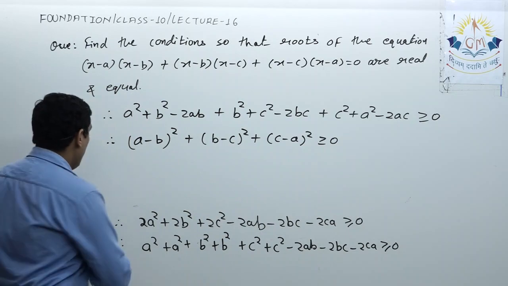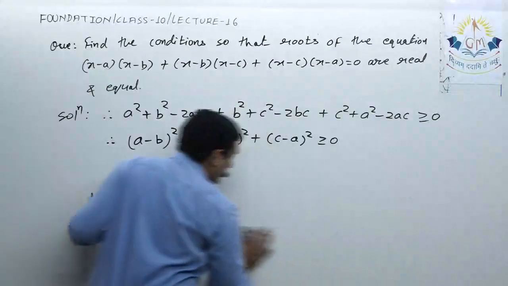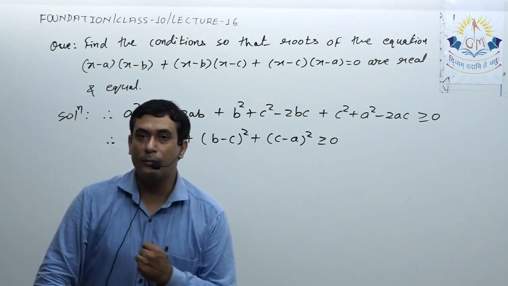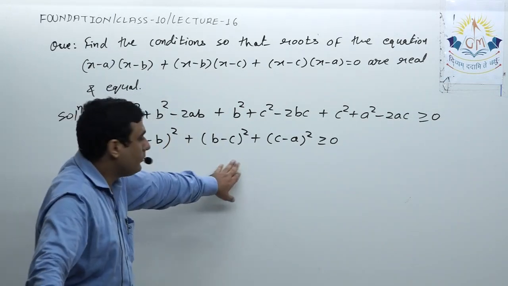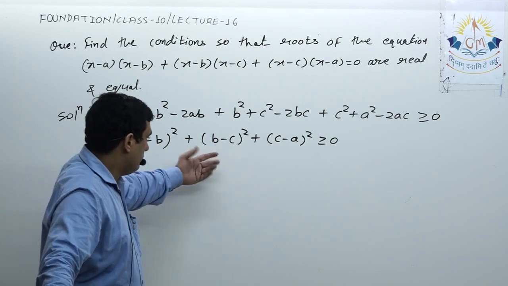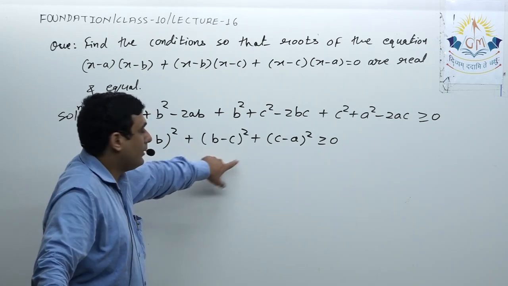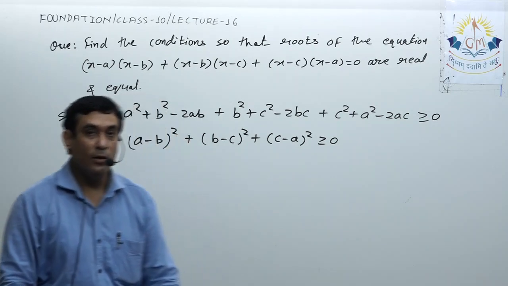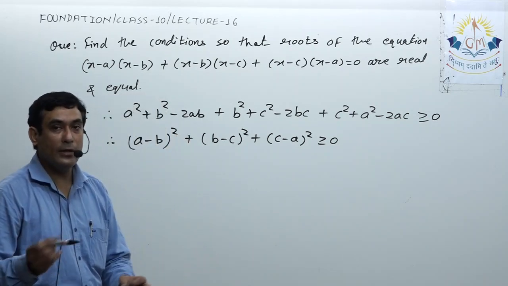So in what condition is the sum of three non-negative quantities equal to 0? Can you give me three positive quantities whose sum is 0? Greater than 0, definitely it is possible. Then in what condition will the sum of three non-negative quantities be 0? Only if those three quantities are equal to 0.